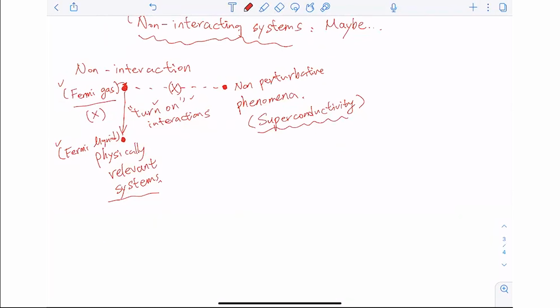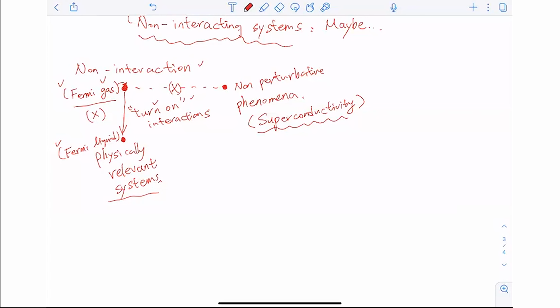But I just want to mention that there are examples where understanding the non-interacting limit is actually very useful. But there are also examples where understanding the non-interacting limit actually cannot help you too much.